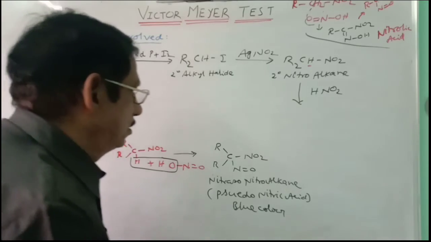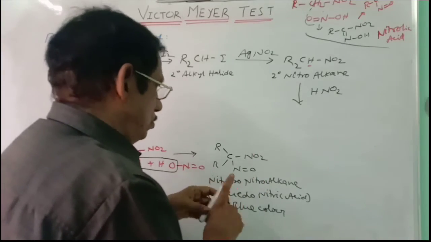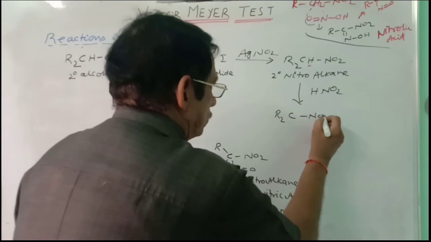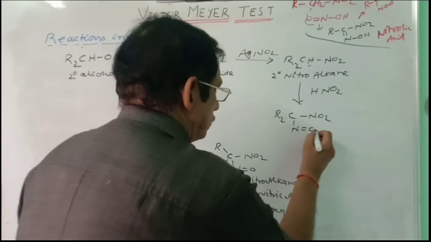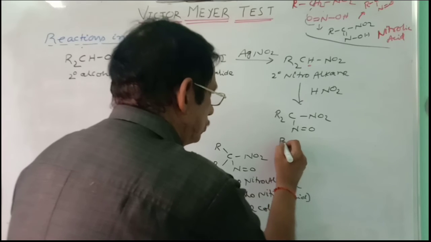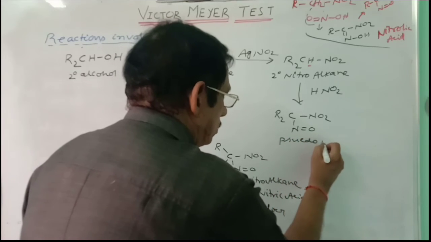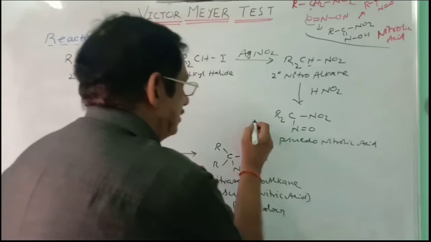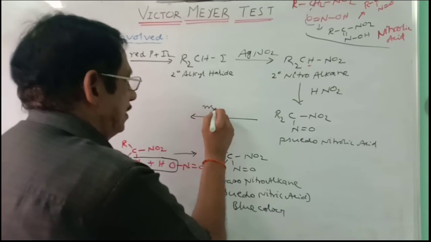So here, it will be converted into R2CNO2 N double bond O. This is pseudo-nitrolic acid.